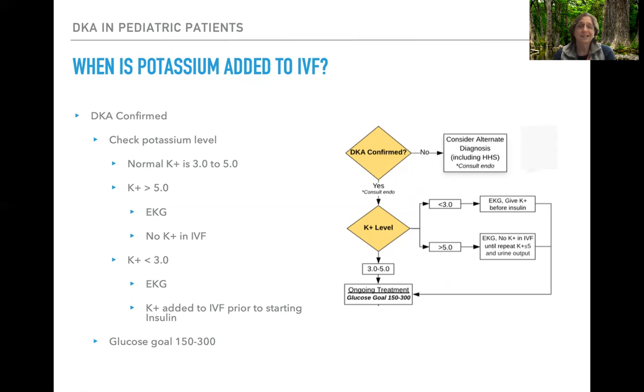If your potassium is less than 3, or hypokalemic, again, you want to get your EKG, and you're going to be adding potassium in the form of KCl and K-phos to your IV fluids. This would be both to your bag of normal saline and your second dextrose bag. Your glucose goal for these patients is 150 to 300.